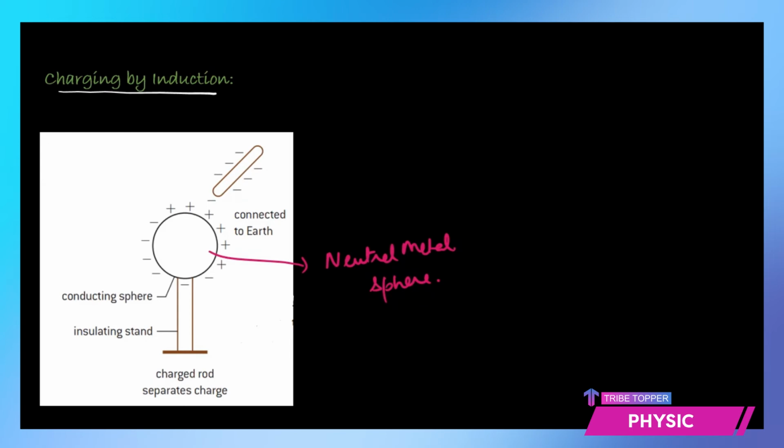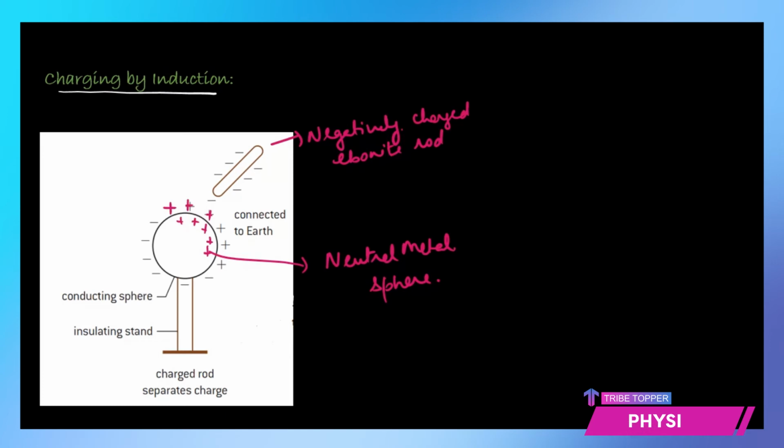They were all distributed uniformly earlier, but the moment a negatively charged rod, let's say an ebonite rod, is brought close to this neutral metal sphere, what is going to happen? All the positive charge is attracted to the side closer to the negative rod, because opposite charges attract.